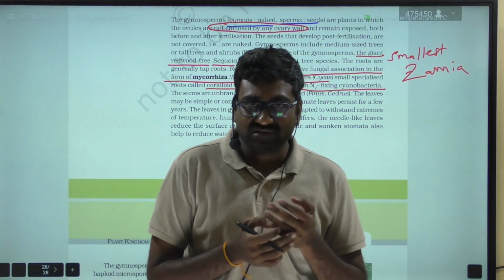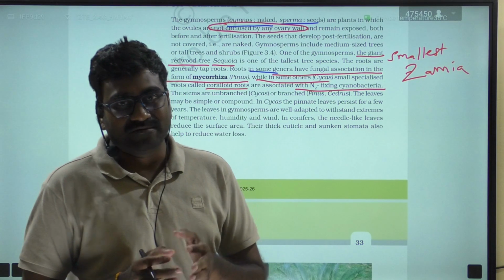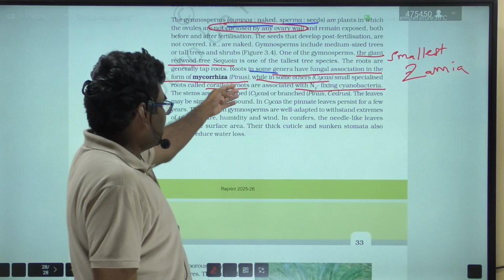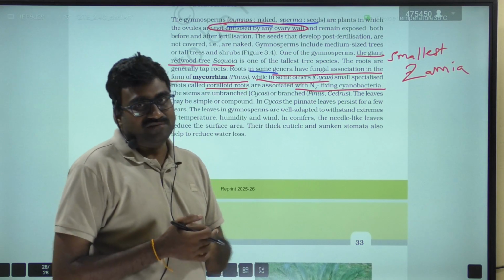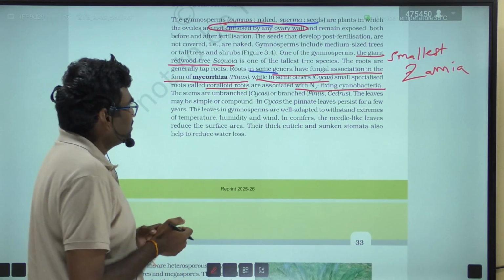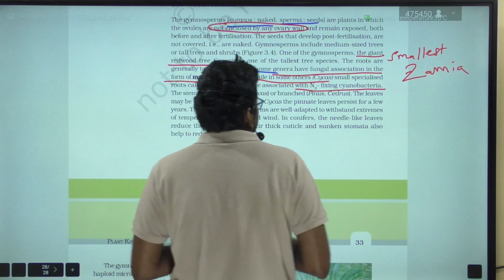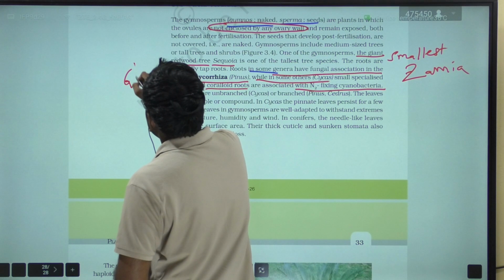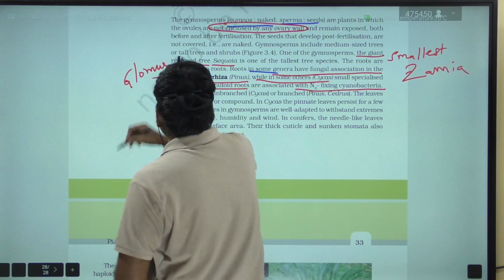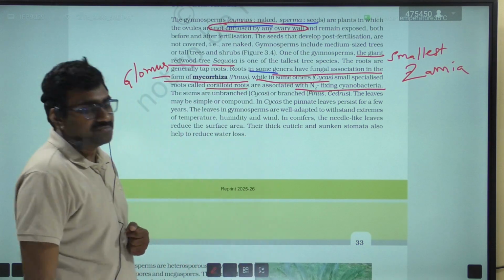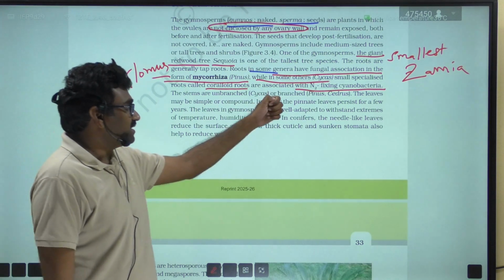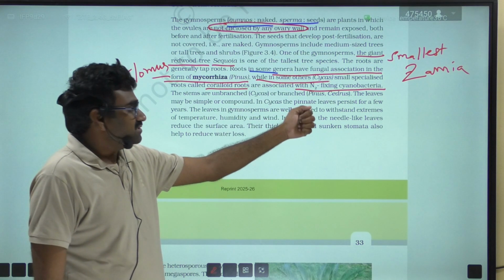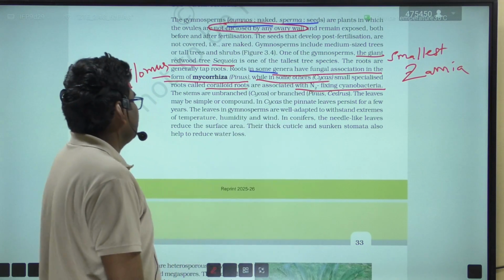Symbiotic association with blue green algae, that is cyanobacteria, whereas in Pinus, symbiotic association with fungi. The name of the fungi is Glomus. It helps in the phosphorus absorption, whereas in Cycas, nitrogen fixation occurs with the help of cyanobacteria.